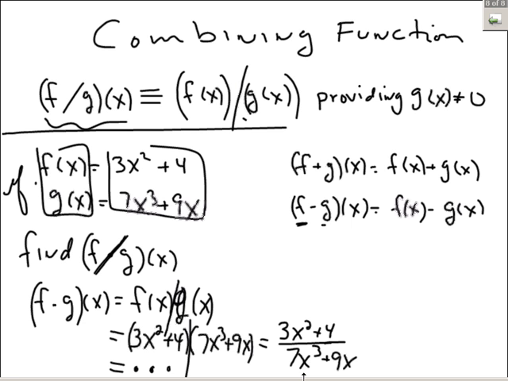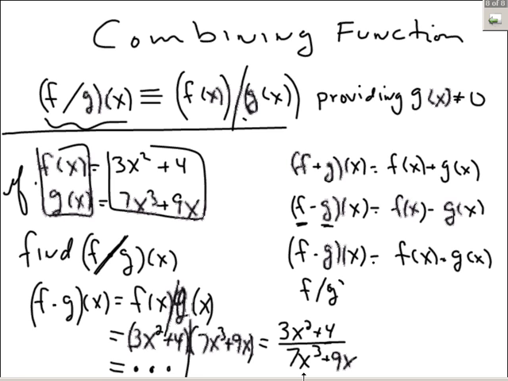If you have a dot in between, you multiply. This means f of x times g of x. If there's a division in between, well then this is f of x over g of x. You divide the two.